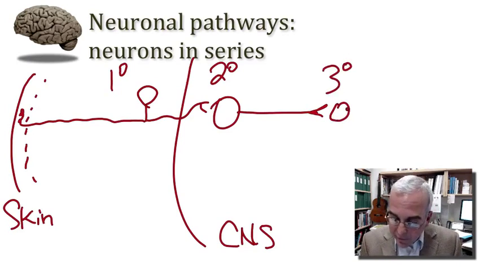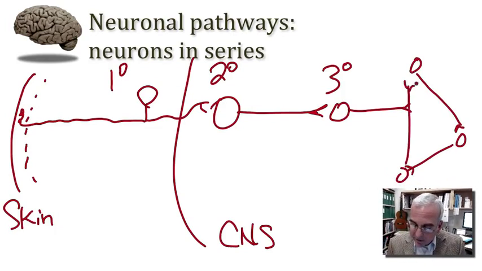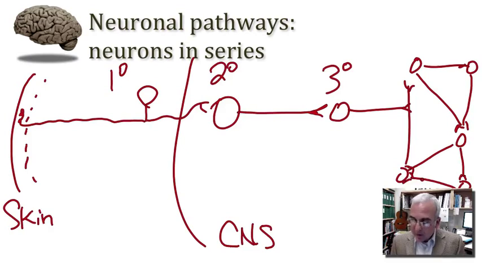And then that third order neuron provides input to a vast network of interconnected cells in some processing station within the brain. Perhaps this processing station is the cerebral cortex. So we might have some complicated network that allows all this to function. So we might call this now the cortex.